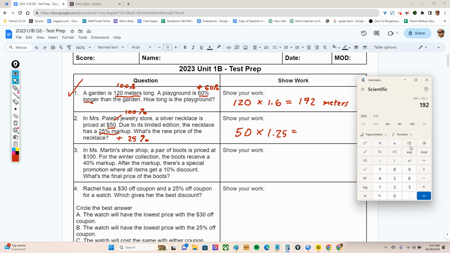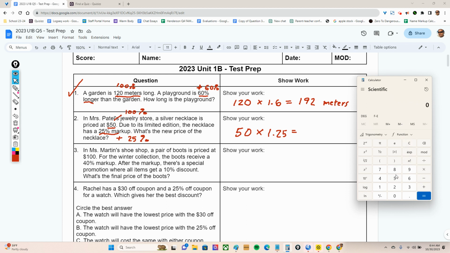50, clear it. 50 plus 1.25. Messing it up. 50 plus 1.25. Still messing it up. Clear.